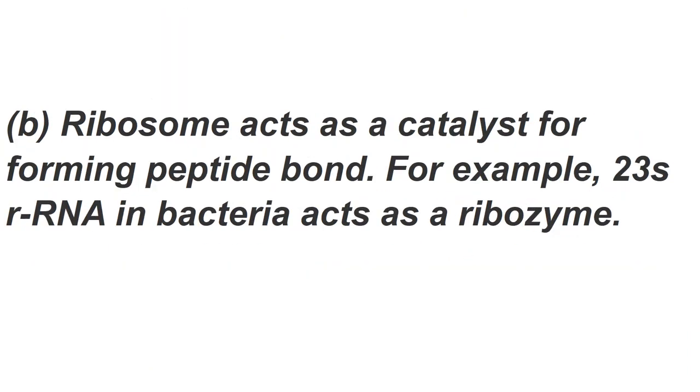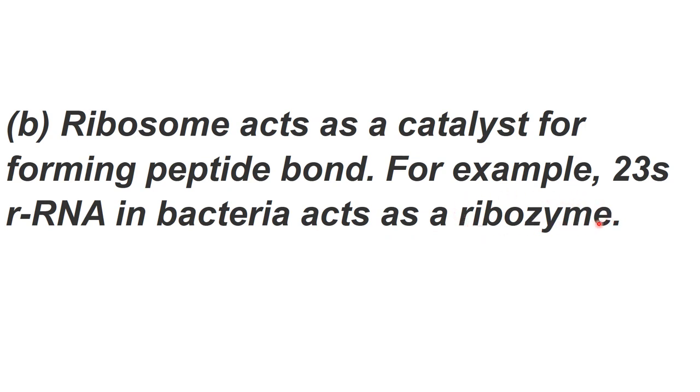The second function of ribosome is that it acts as a catalyst for forming the peptide bond between different amino acids. For example, 23S rRNA in bacteria acts as a ribozyme. What is this ribozyme? This is peptidyl transferase.